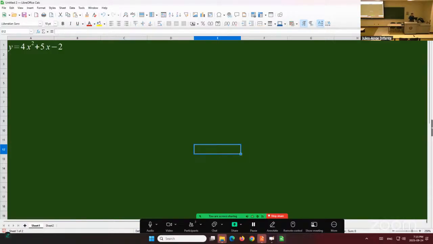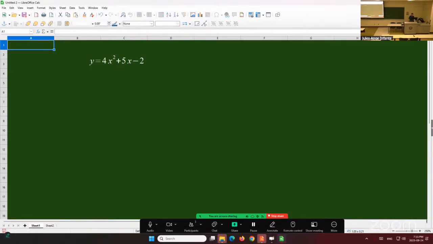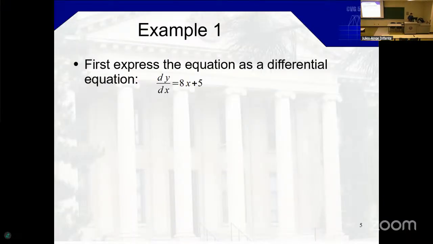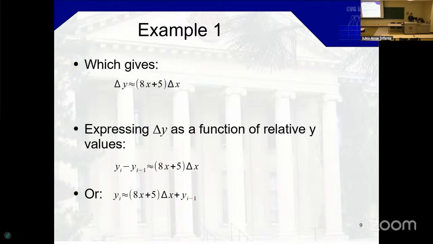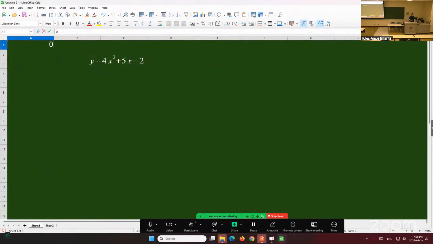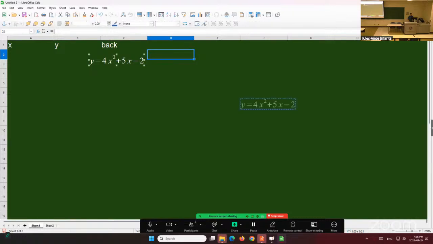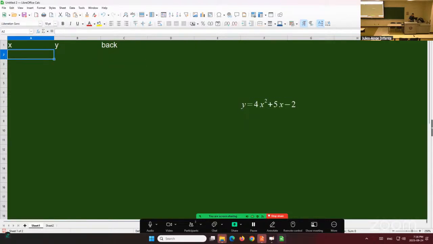So this is the equation. We can have a set of points. So let's go step 1.